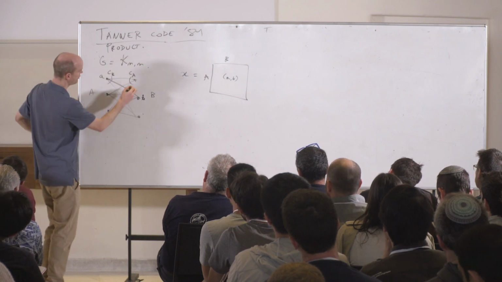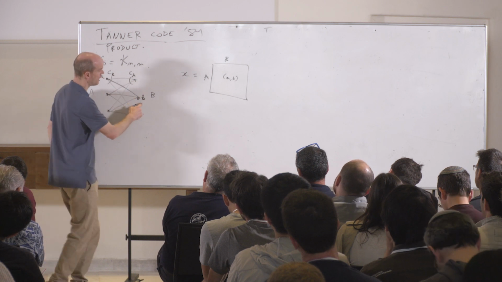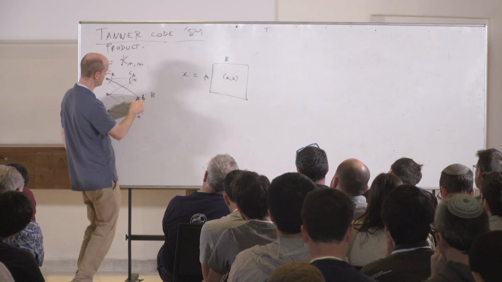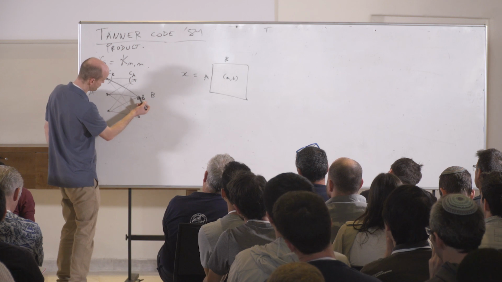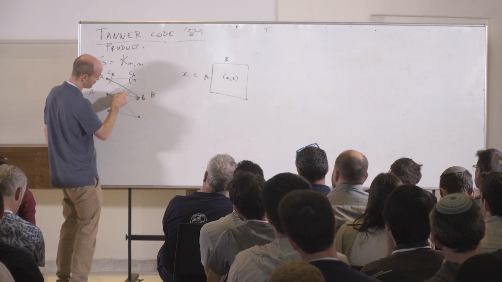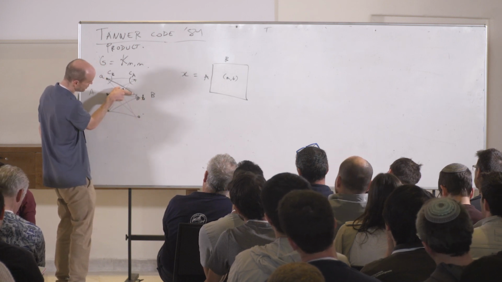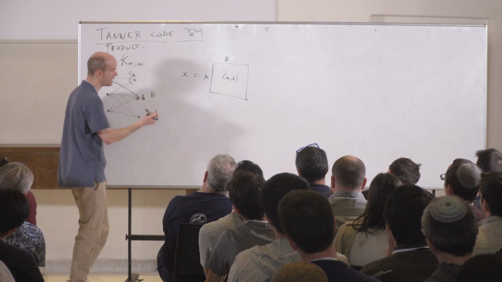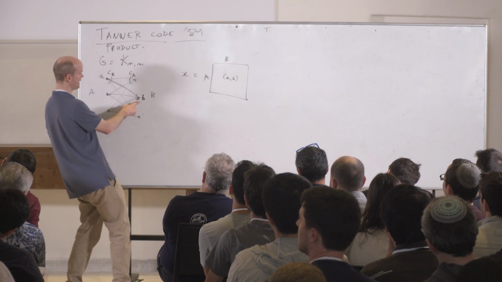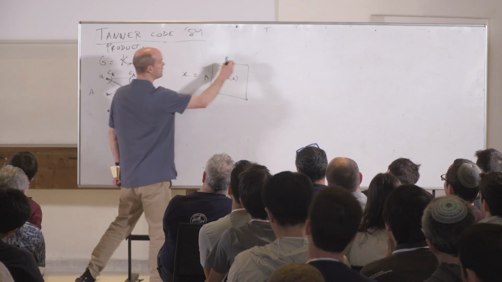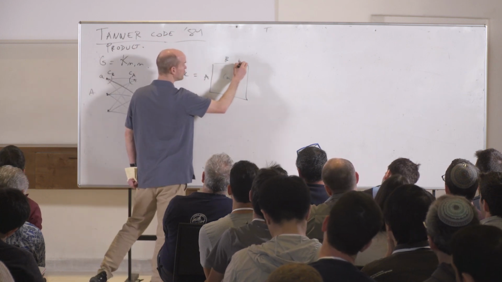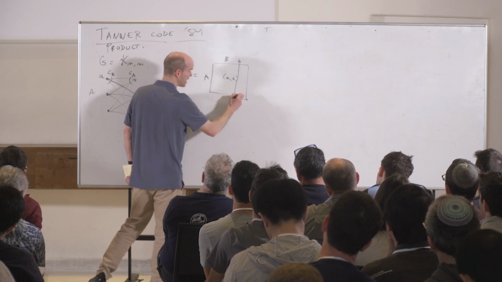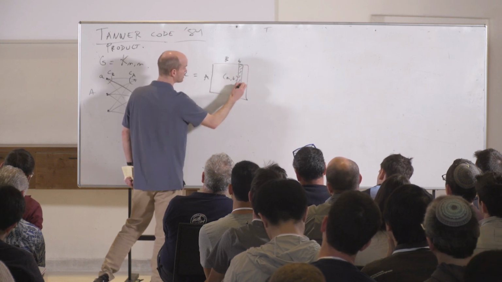Say that for every vertex B, if I look at the restriction of the code word to the edges incident to B, I ask this to be a code word of CA. So the set of edges that leave B are here.